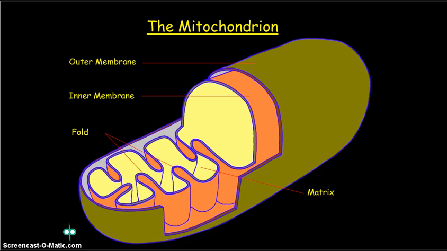So if we now look at the aerobic pathway, this takes place in the mitochondria. The mitochondrion is a double membraned organelle within the cytoplasm of a cell. The inner membrane is highly folded to provide a very large surface area for all the enzymes that are required to carry out the second stage of respiration.